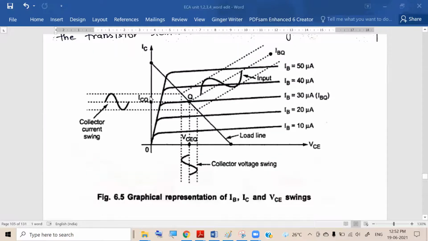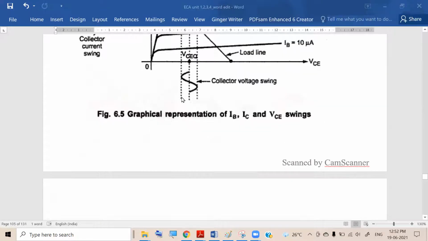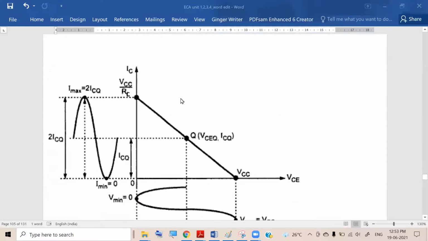ICQ, the midpoint. I told you it is important that we operate at the center of the load line. If we don't operate at the center of the load line, if we operate here, then what will happen? This peak will be clipped. If we use the maximum bias, the positive peak will be clipped because it will go out of the first quadrant.